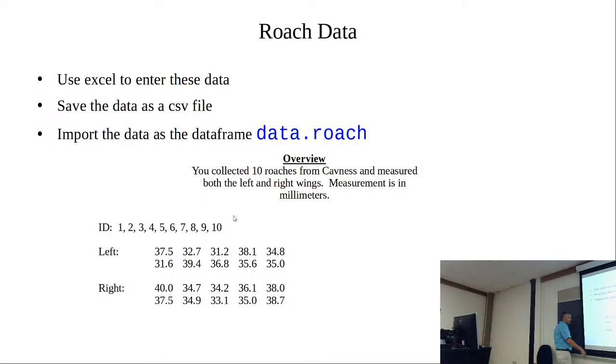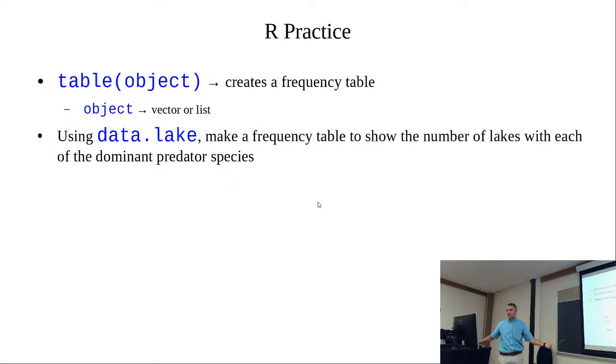It's the nominal variable of which side was measured, and then the length is actually that third variable. So technically speaking, we have one label variable and then one measurement variable, but we're going to assume that we have a left variable and a right variable. It's going to make it a little bit easier for us, because the whole point of this was making the data in Excel, then transferring it into R.